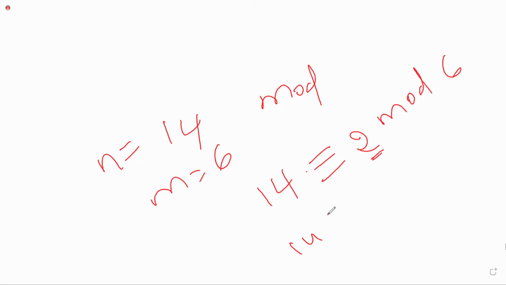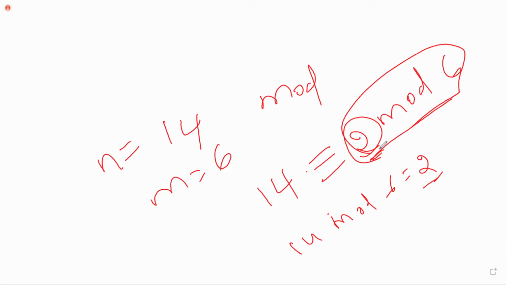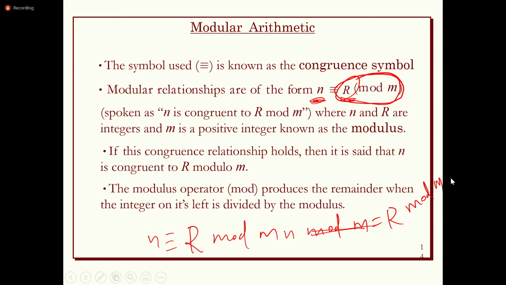That is, 14 mod 6 is 2. So directly we can replace this with the remainder. 2 mod 6 is 2, and 14 mod 6 is also 2. So that is the representation of congruent equivalent numbers. So n is congruent to R mod m.